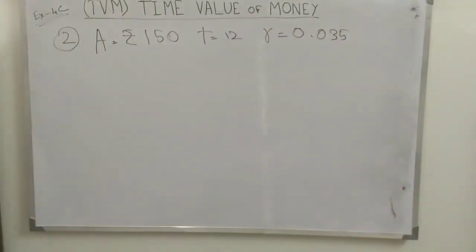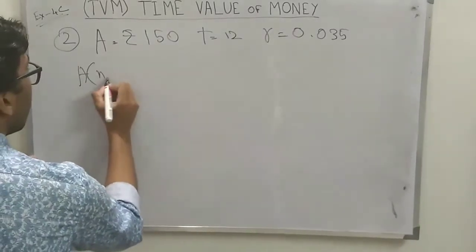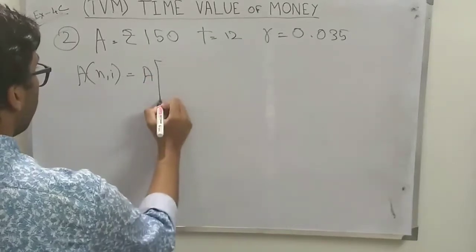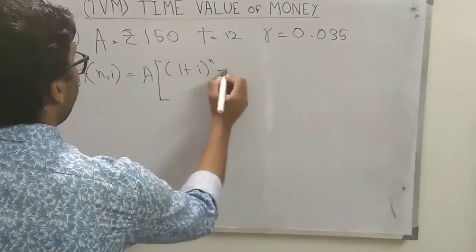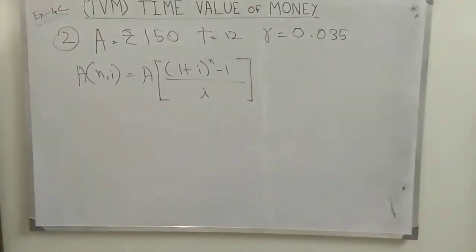We have to calculate the amount of annuity certain. That means we have to calculate the future value of annuity regular. The formula for that is ANI is equal to A open third bracket 1 plus I to the power n minus 1 whole divided by I third bracket close.